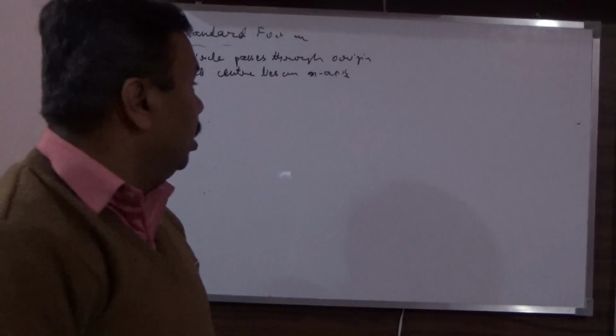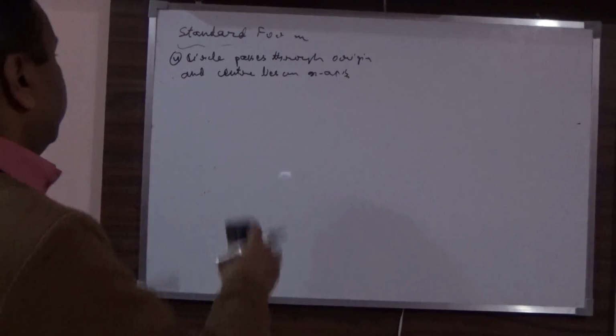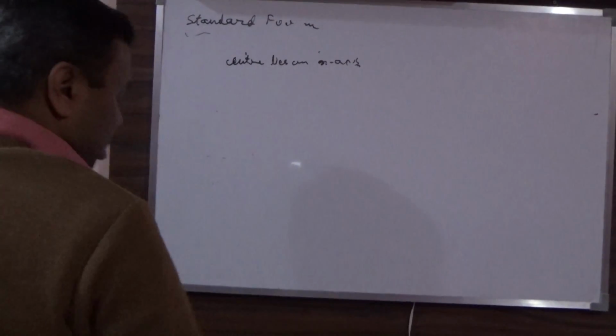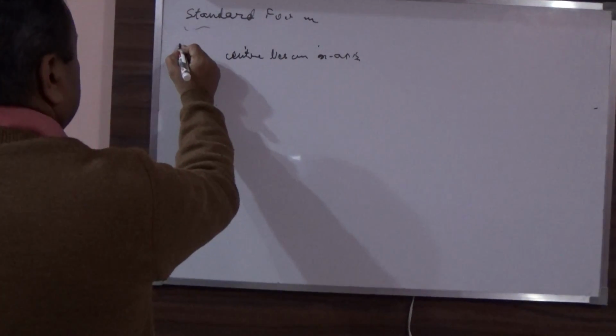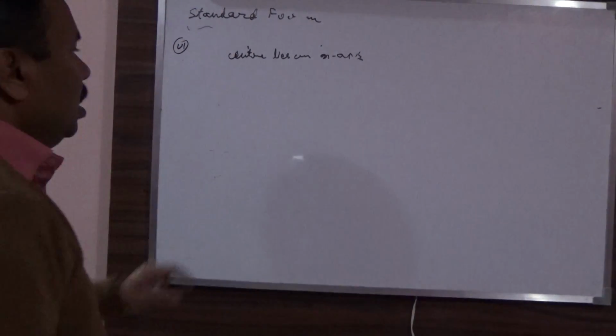Instead, I should take the first condition and remove it. Okay, I shall remove the first condition. The center is lying on the x-axis only. That is your sixth: center lies on the x-axis. So what does that mean?